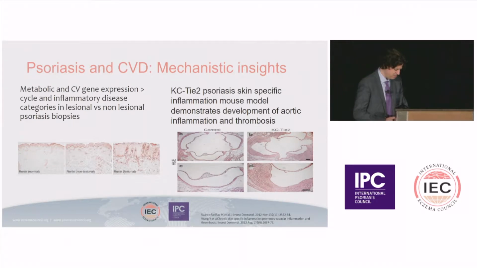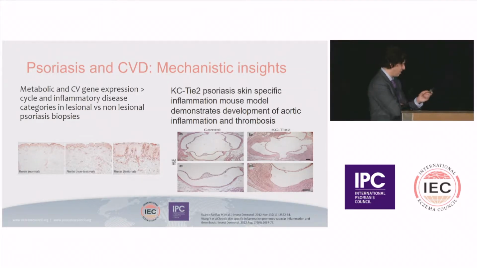Bringing back some of the concepts from the earlier talks, Jim Krueger on the left side of the screen is showing that metabolic and cardiovascular risk gene expression is much elevated in patients with psoriasis compared to normal patients. Some of these proteins circulate systemically, like renin, for example, which we know promotes hypertension. And so what we conclude from this is that the skin itself may drive distal comorbidity.